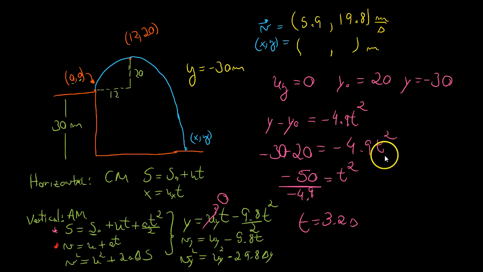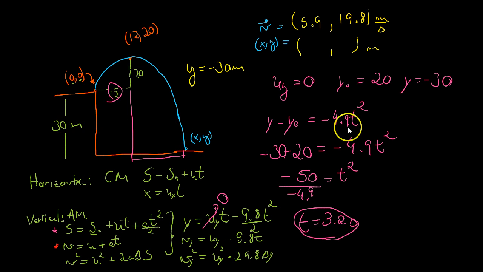Okay. All right. So what is left? Use this time here to figure out what distance it goes in the horizontal direction. So we want this distance here, and after that we are just gonna add 12 to it. That's gonna be the x coordinate. Okay, let's erase those calculations.